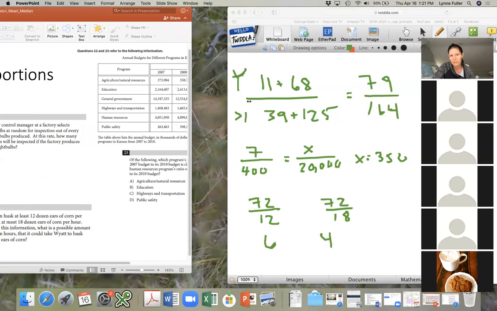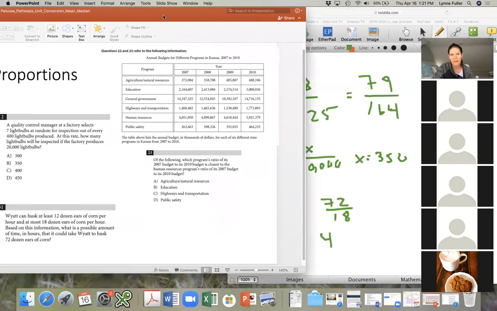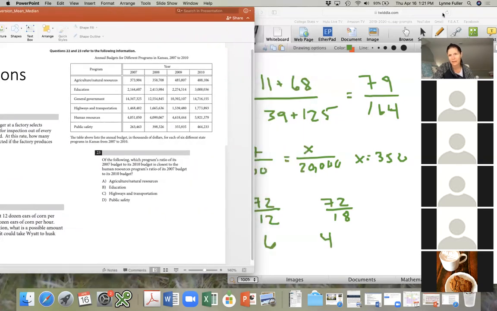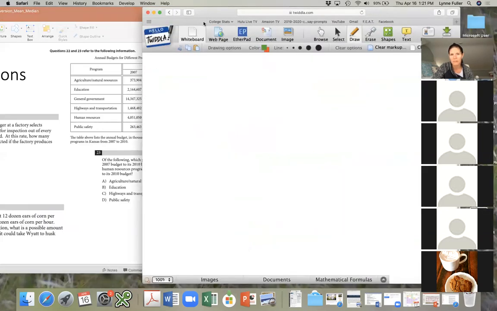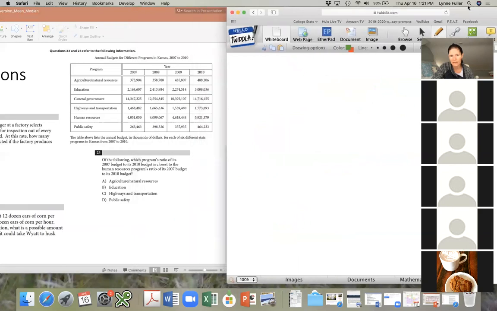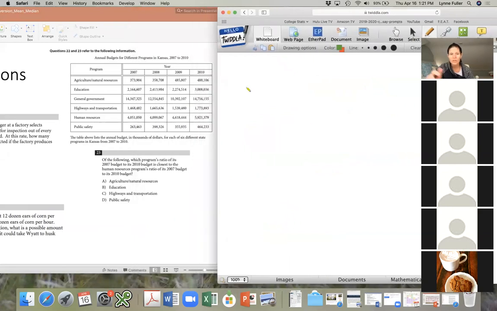This one is going to be a ratio problem that gets a little bit more advanced. We're going to have to get into our calculator here because we're going to have to find the ratio for the original part of the problem, and then we're going to have to find what answer matches that. So for question number 23, of the following, which program's ratio of its 2007 budget to its 2010 budget is closest to human resources 2007 to 2010?